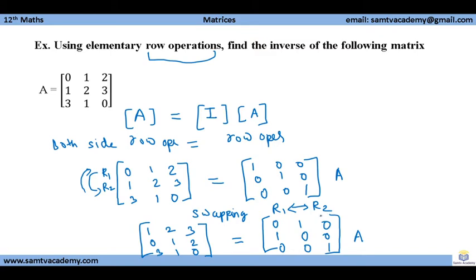Next step. So here we have to write what we have found in the last step, then only we can do further.